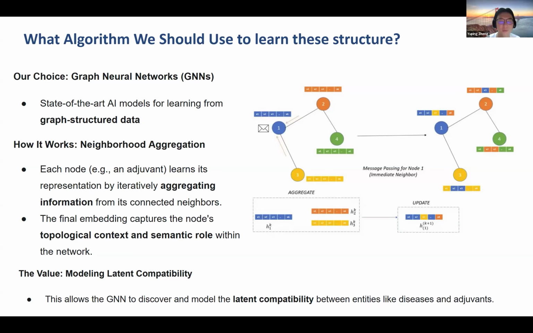It learns knowledge by aggregating, collecting information from its neighbors. In the final layer, the node learns the topological context, which in our case is the ontology information within the network. This is a rough structure of how a GNN works, like message passing from node 1 to its immediate neighbor, node 2.